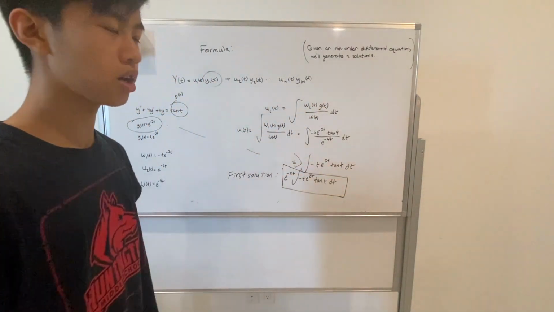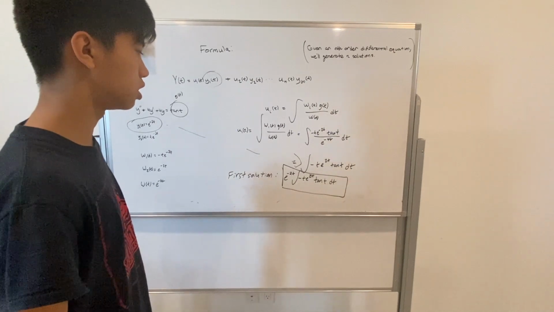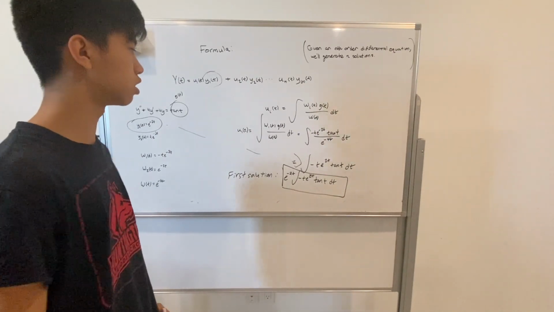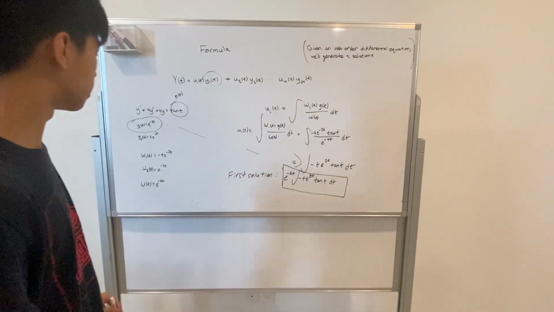And I know I can't evaluate that integral. It's too complex for me to be able to integrate. There's no simple calculus techniques to integrate this, so I'm just going to leave it at that.